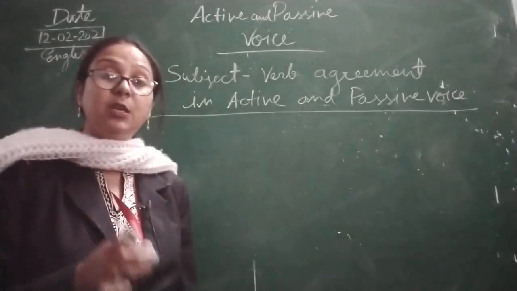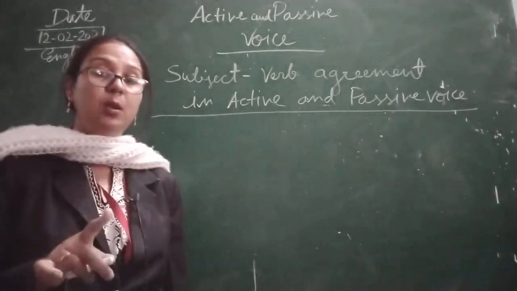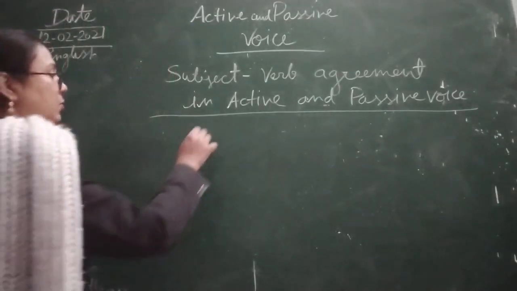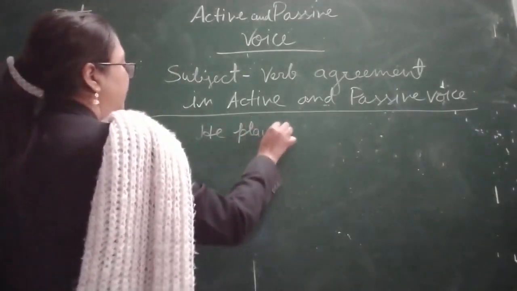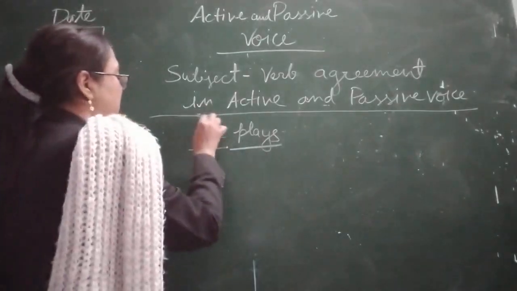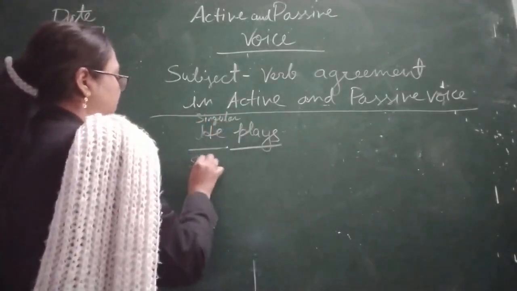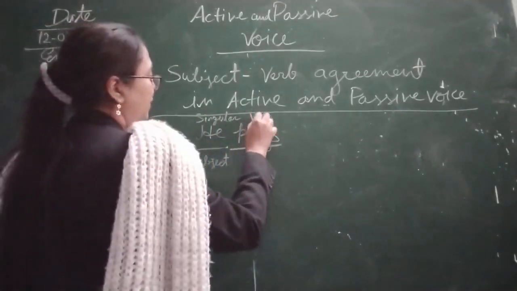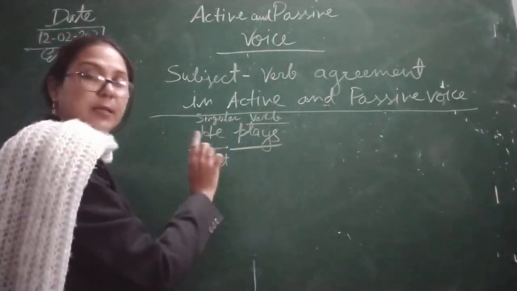If the subject is singular, the verb changes according to the rule. Suppose I give you, "he plays." Why are we using "he plays"? Because "he" is a singular subject. That is why we have used this type of verb, plays.